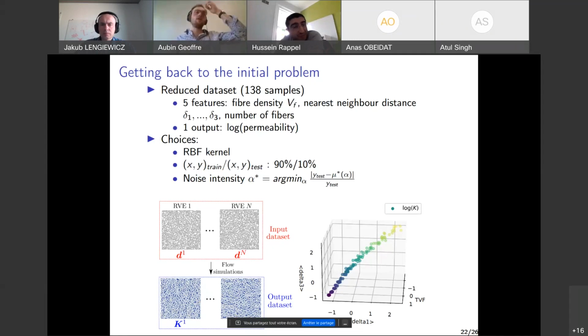No, we didn't focus on matrix inversion. Maybe it's a way, as I said before, to go further and consider bigger data sets. But in our example, a constraint we had is that we had a small data set because each data point, considering the fiber structures and the flow simulations, is quite expensive.